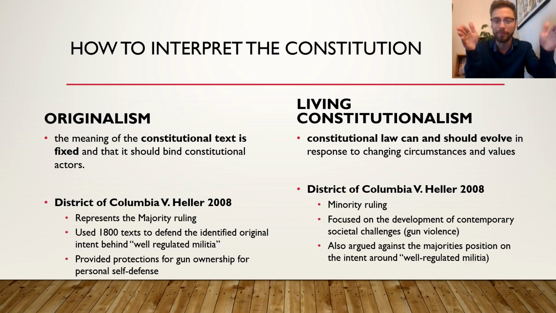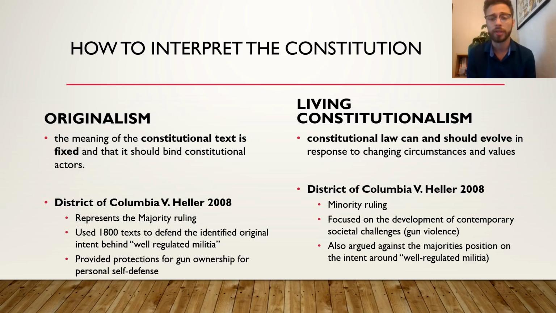And now on the other side of that spectrum is living constitutionalism. Every one of our Supreme Court justices resides somewhere along this spectrum, and none of them reside on hard ends of this spectrum. So originalists would heavily rely on every specific word used by our founding fathers, while a living constitutionalist would focus more on the sentiment and purpose behind each amendment or each statement within our Constitution.